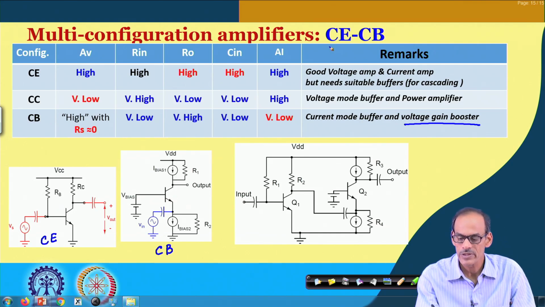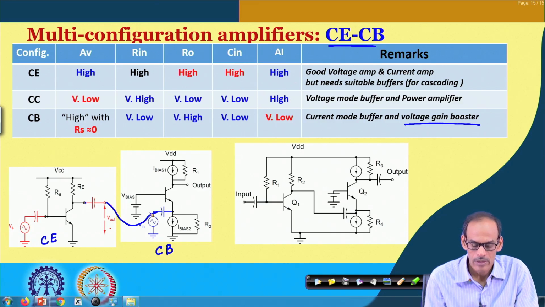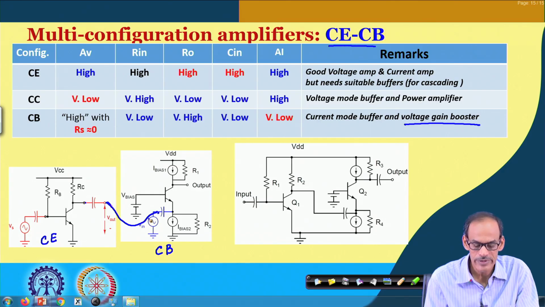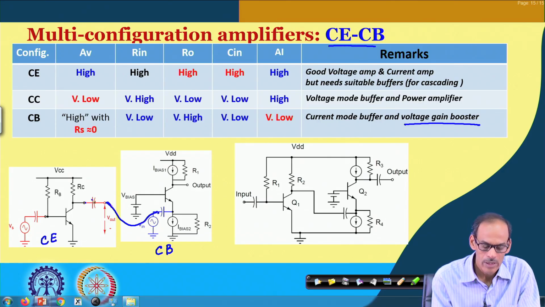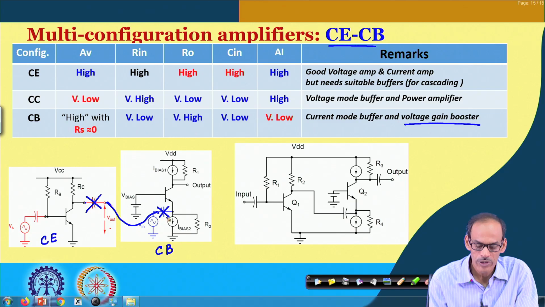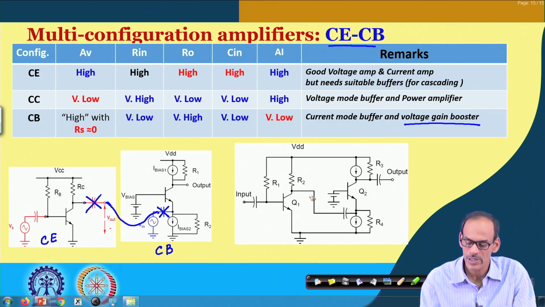As the name suggests, the output of the CE stage we like to feed here. And if we are feeding the voltage here, there may be different possibilities. We may remove the capacitors, or at least keep only one capacitor. If I put one capacitor here, then the configuration becomes like this.